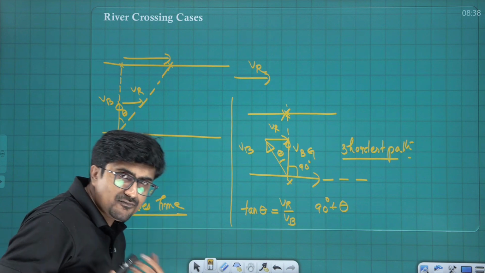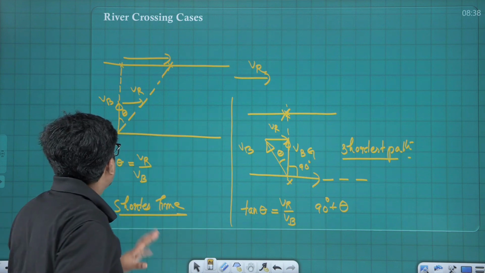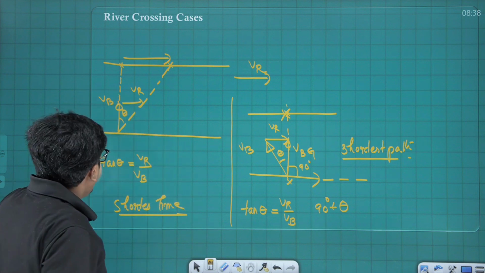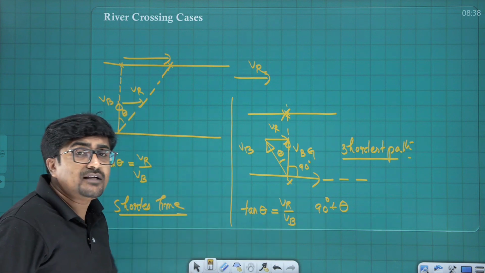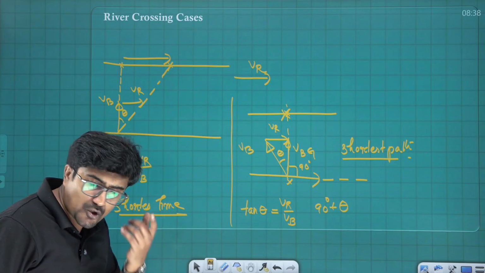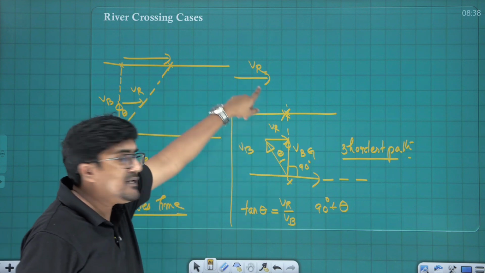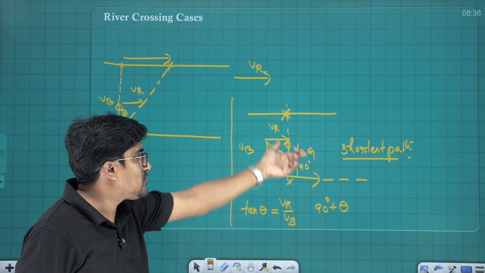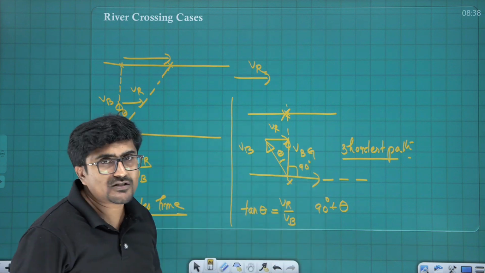That means I'm treating myself as the driver or pilot of the boat, whatsoever it may be. Fine. Now Vb can be entirely contributed along the y-axis. That is the only possible way for me to cross the river in the shortest time. So that is why this is treated as the case of shortest time, and definitely this is the shortest path. The straight line is going to be the shortest path.